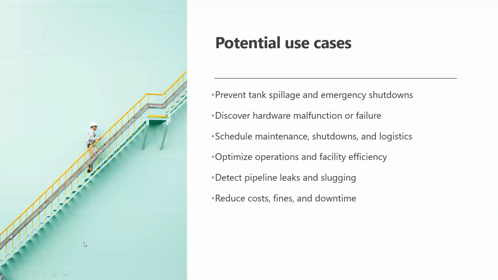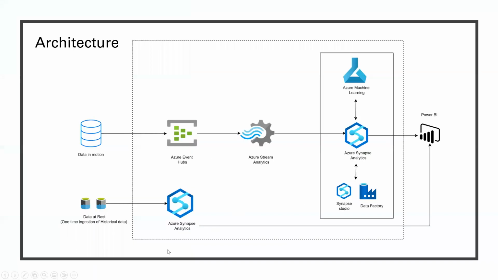If you have any questions about how to deploy the services in Azure that we used in the previous architecture, or how to configure them, if you have questions about Event Hubs, Stream Analytics, Synapse Analytics, Machine Learning, Data Factory, or Synapse Studio, please go through my channel and type these services in the search, and you will get plenty of videos where you can find out how these tools work, how to deploy, configure, and maintain them.